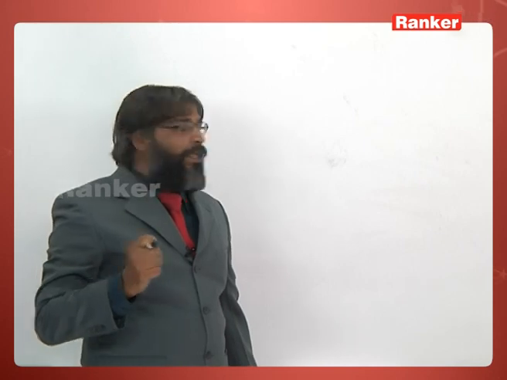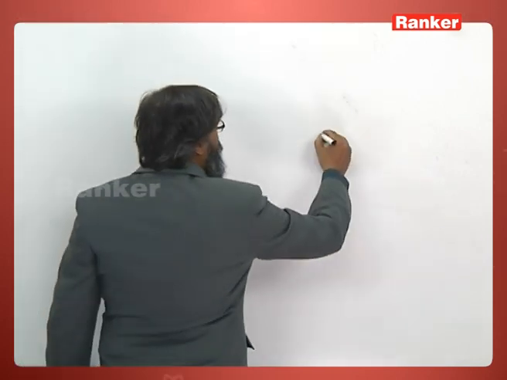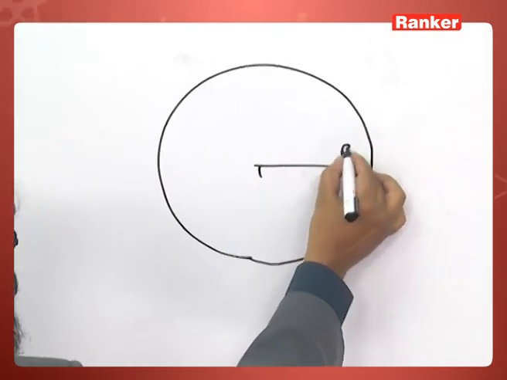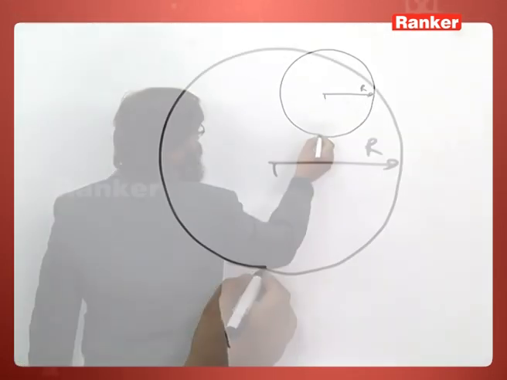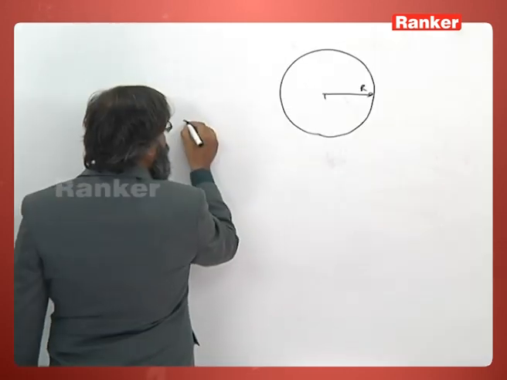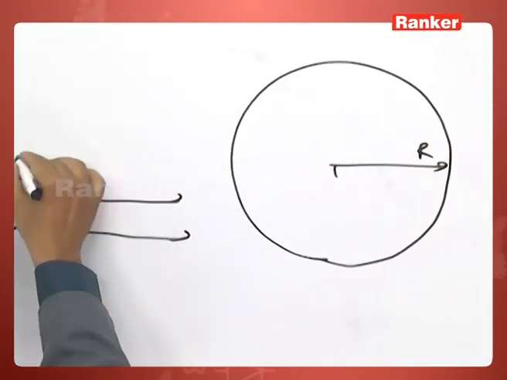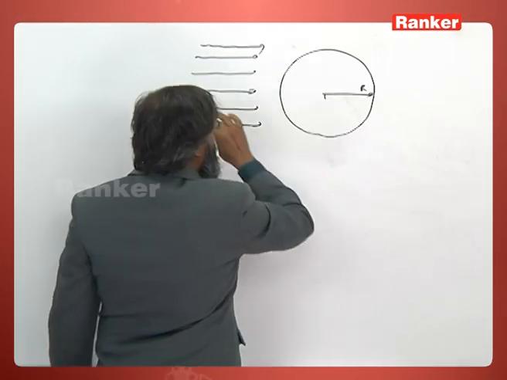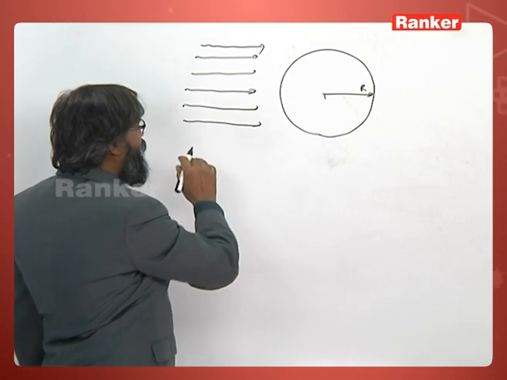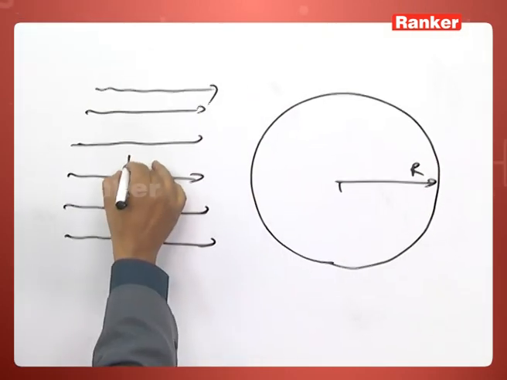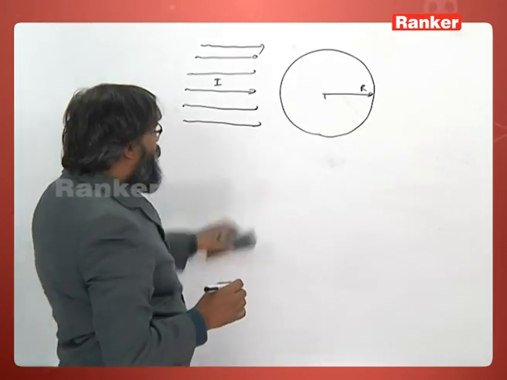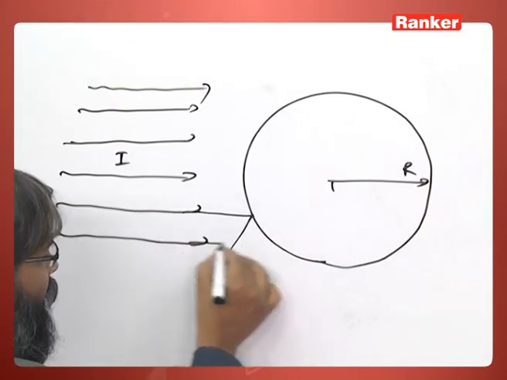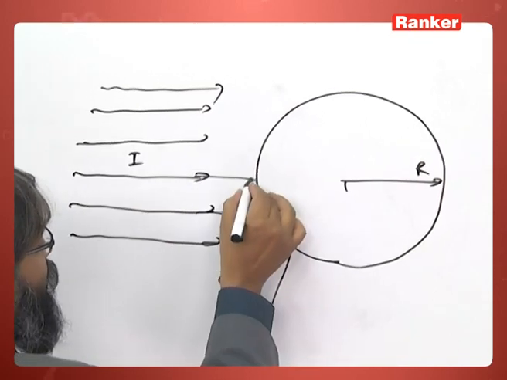Now let us take another problem where I have taken a sphere of radius r, and this is perfectly reflecting. So the whole sphere is silvered, and suppose I irradiate this, I have placed it in an electromagnetic wave of intensity I. If a light falls here, it is reflected along this direction.